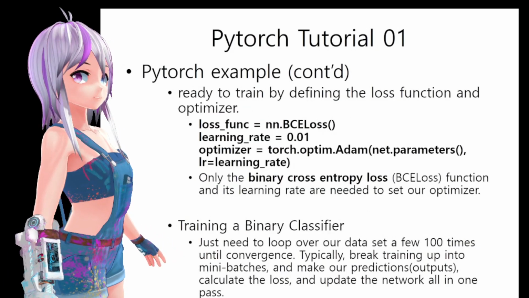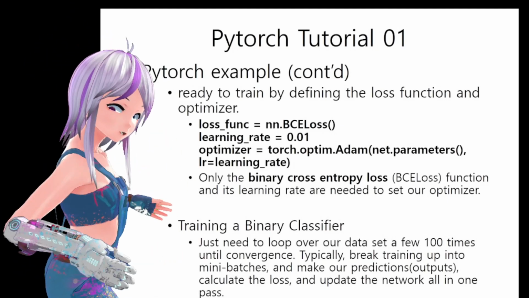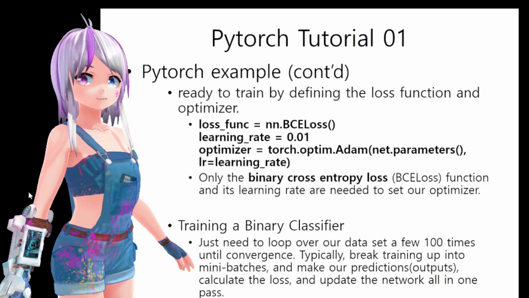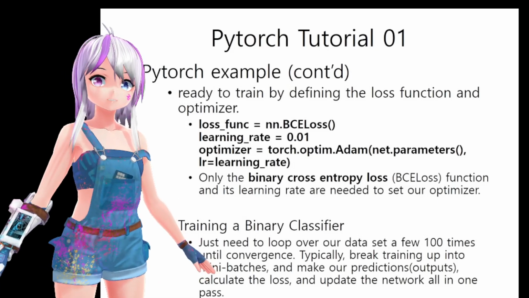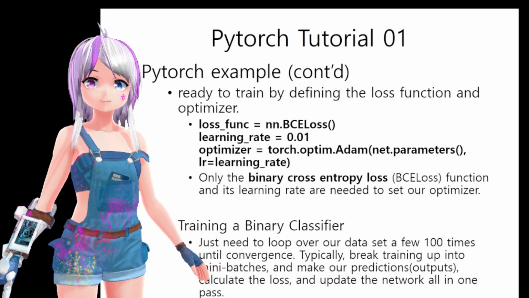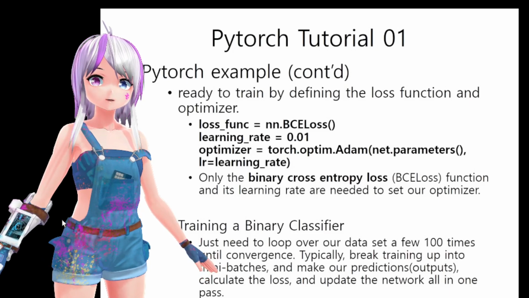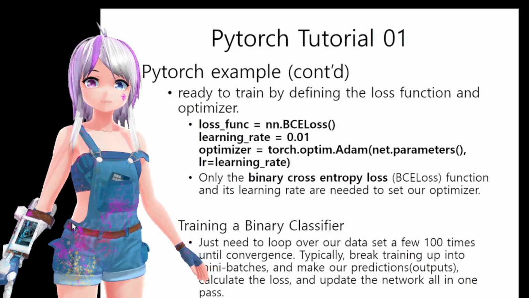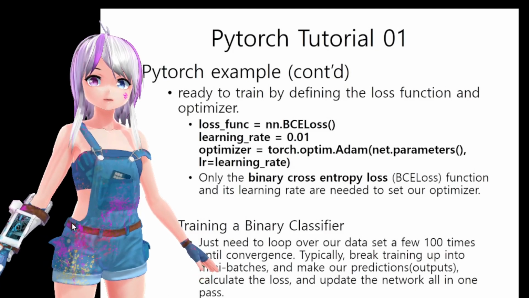Next, we get ready to train by defining the loss function and optimizer. Here we define the loss function, which is from the Torch library, nn.BCELoss(), and the learning rate is 0.01. You can initialize an optimizer, which is defined by torch.optim.Adam.